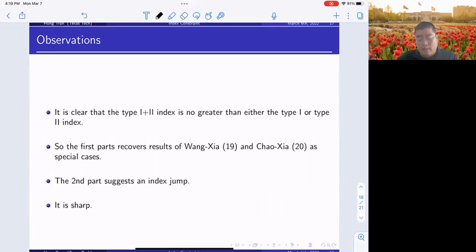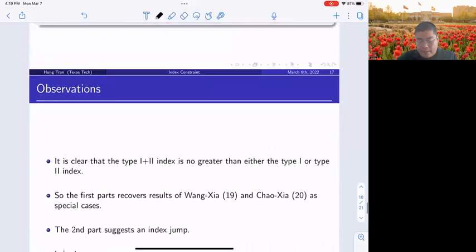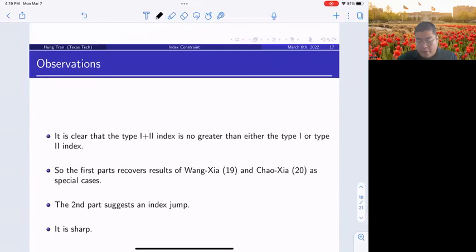So the index here must be no greater than the index of type 1 and type 2. So that's why the lower bound for the type 1 plus 2 index is also a lower bound for the type 1 or type 2 index. So that's why this theorem is stated in the most general form.